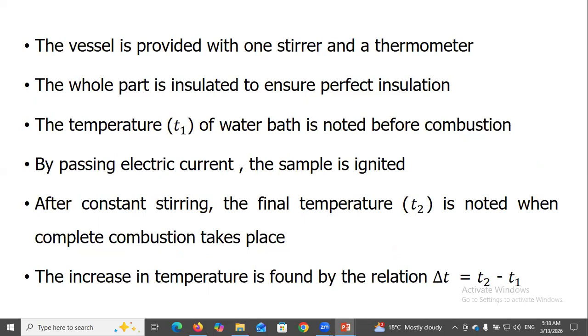The whole part is insulated to ensure perfect insulation. The temperature of water bath is noted before combustion, that is T1. By passing electric current, the sample is ignited. After constant stirring, the final temperature T2 is noted when complete combustion takes place. The increase in temperature is found by relation delta T equal to T2 minus T1.